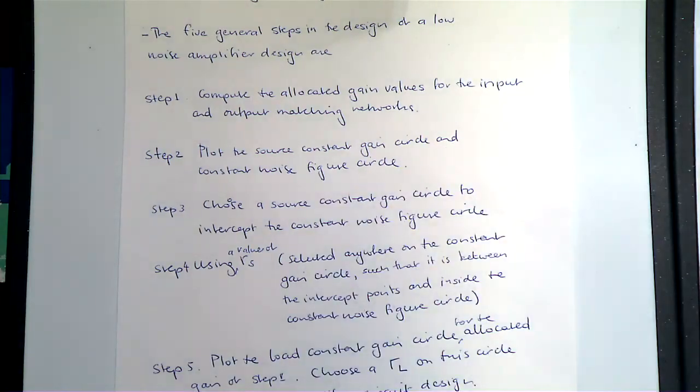Question, it's a unilateral transistor. Why am I only suggesting to you in step number 2 to look at the source gain circle and not the load gain circle?